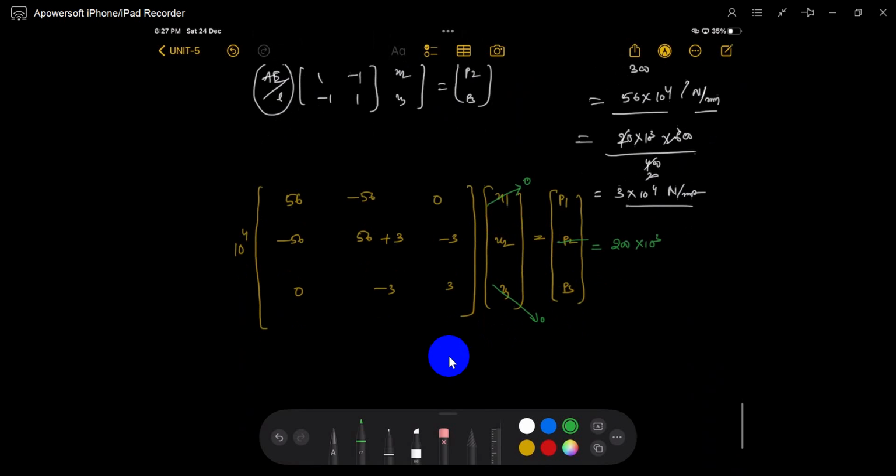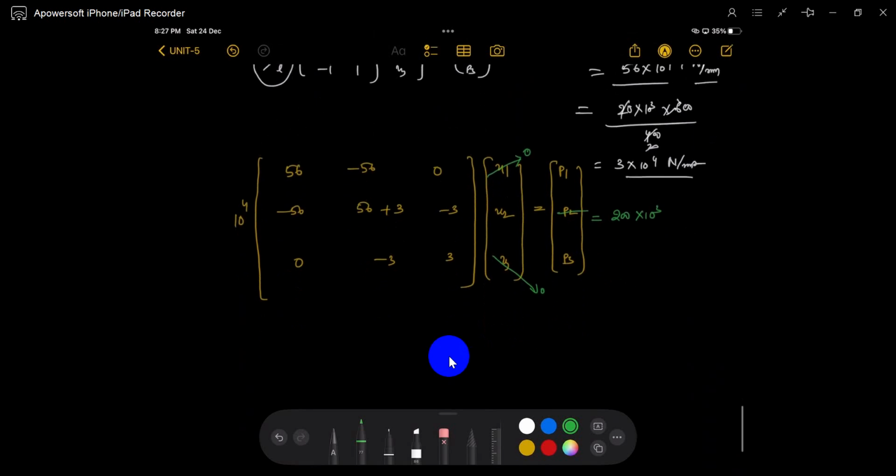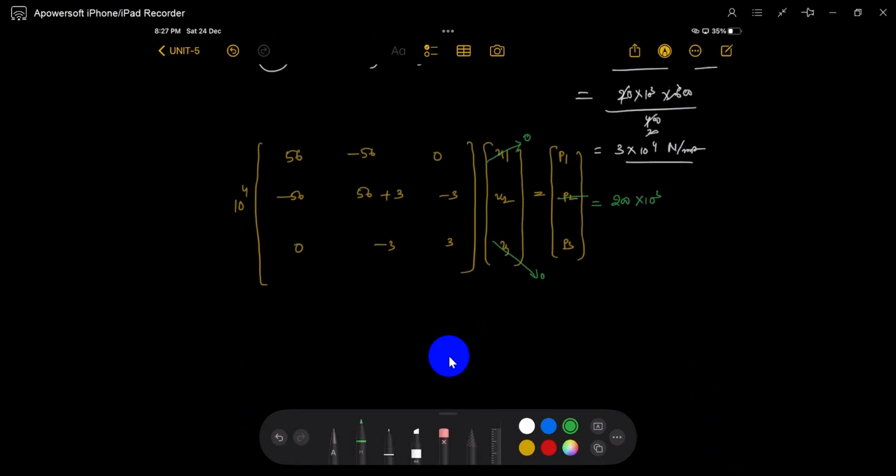Okay, now solve it. Only the second equation, u2 is the unknown value. What is that value? 58 into u2 minus 3 into 0 minus 56 into 0. So 58 into 10 power 4 u2 equals 200 into 10 power 3.